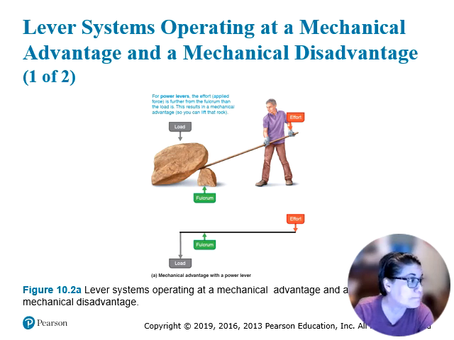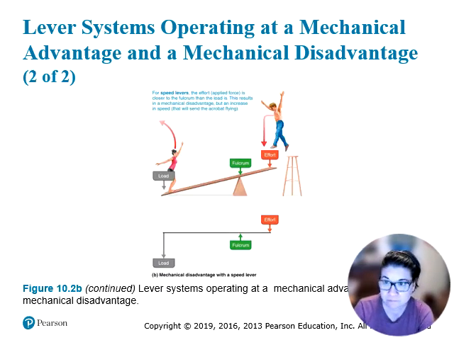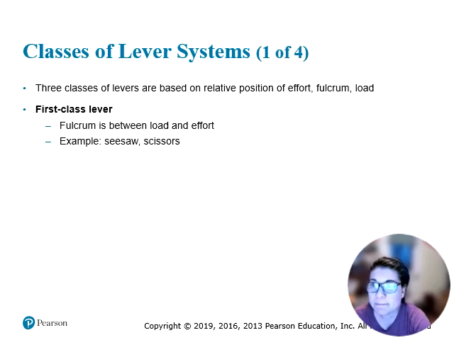And then this is the load, and then this is the effort, okay? So this is a simplified view of it. And then this is a typical seesaw, so same setup, the fulcrum, effort, and load are in the same place. This is going to be a mechanical disadvantage because the fulcrum and the effort are too close together.